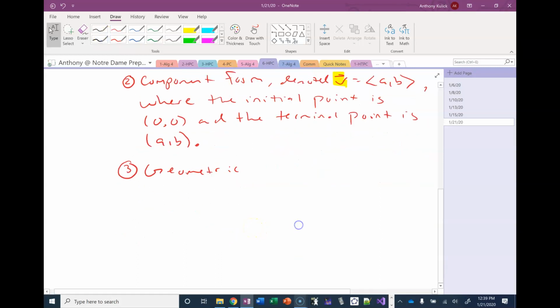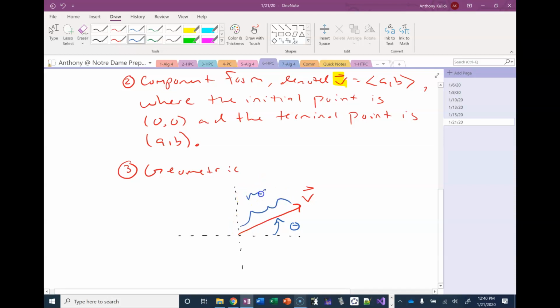So there's a geometric interpretation for a vector. So maybe this is my vector V here. If I draw in an imaginary XY axis, the direction for my vector would just be my standard form angle.